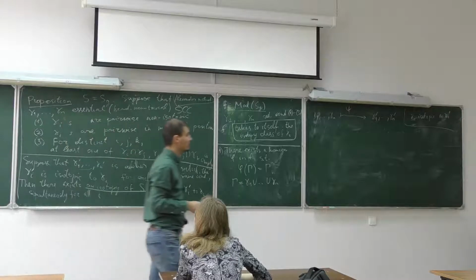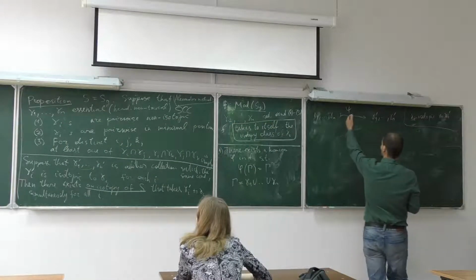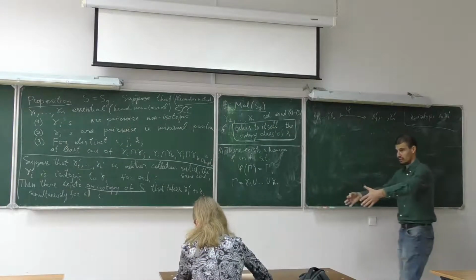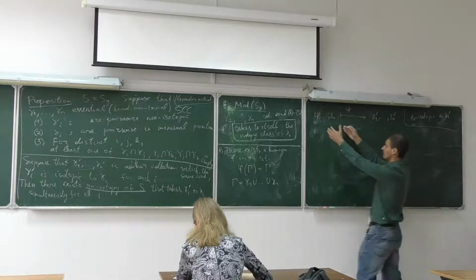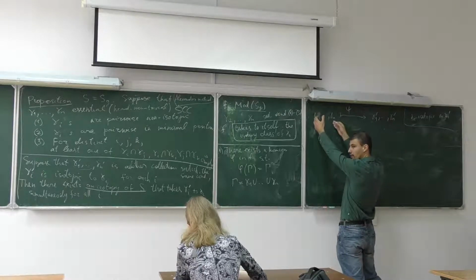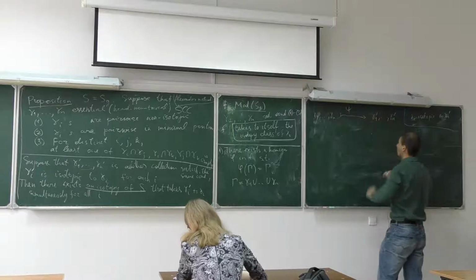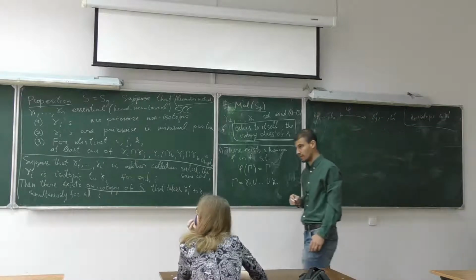And now we know that there is an isotopy of the total surface that takes gamma 1, ..., gamma n to gamma 1 prime, ..., gamma n prime.